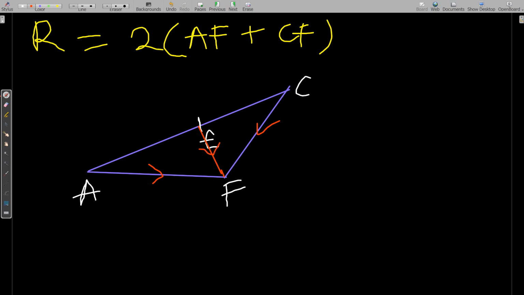Apparently we'll have EC, and then we'll have EA. Know this: E is the midpoint of AC. That means that from E to A should be equal to C to E.